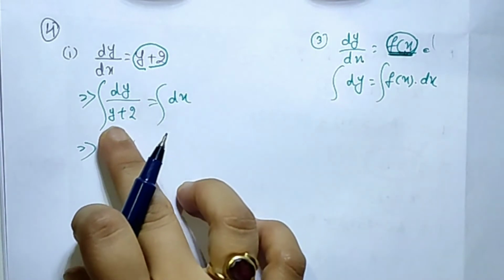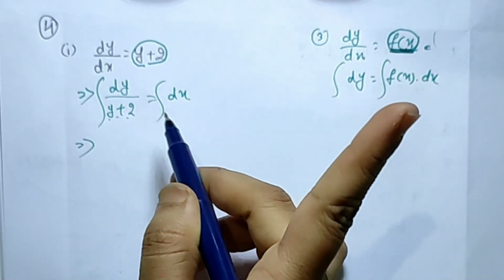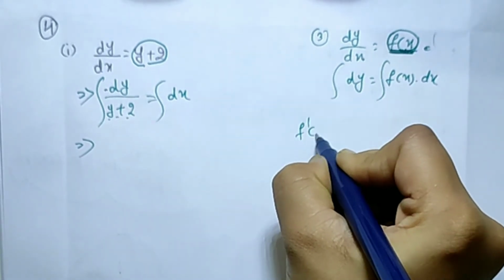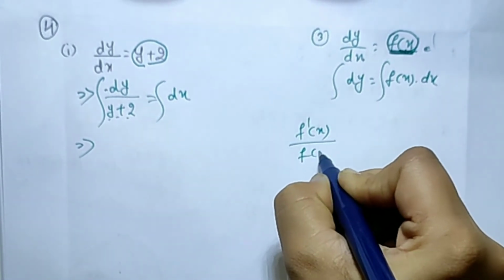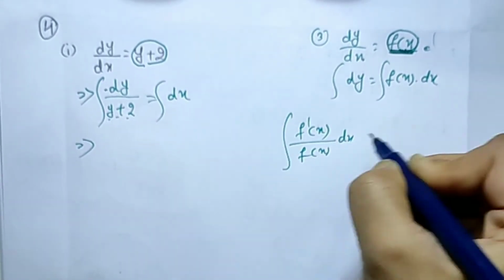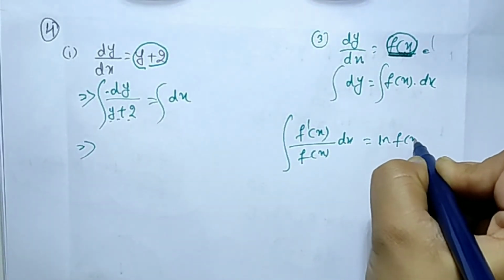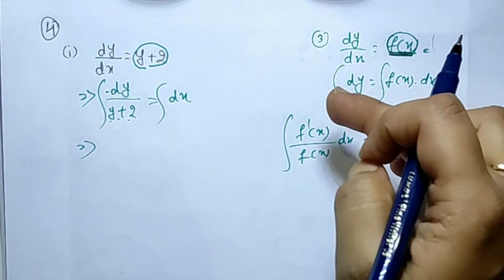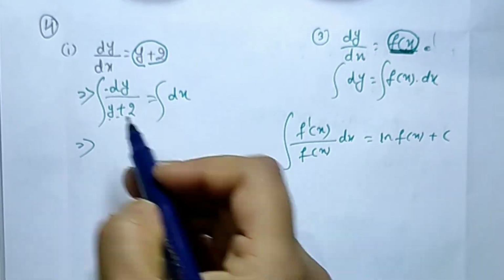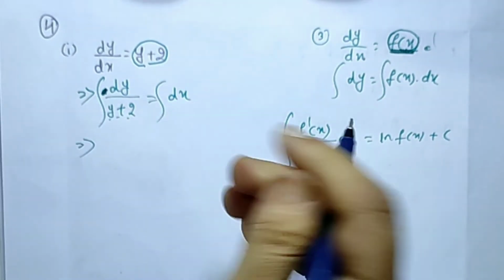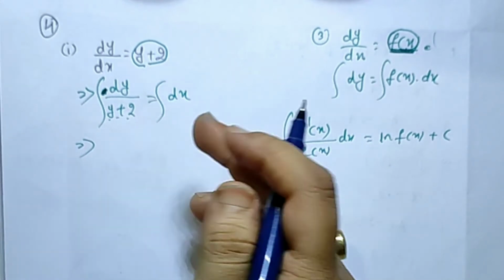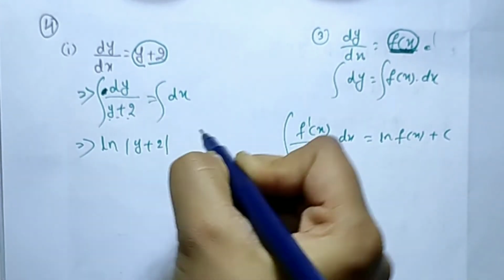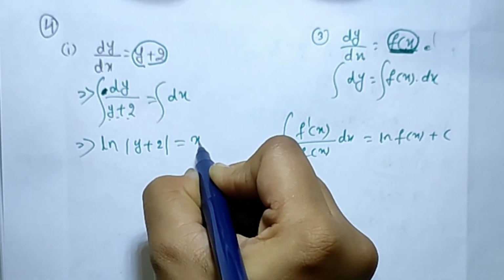Integrating both sides, the derivative of y plus 2 is 1, which is on the numerator. We know the formula: the integration of f dash x by f of x dx is ln f of x plus c. If the derivative of the denominator is on the numerator, then I can write ln y plus 2 is equal to x plus c.